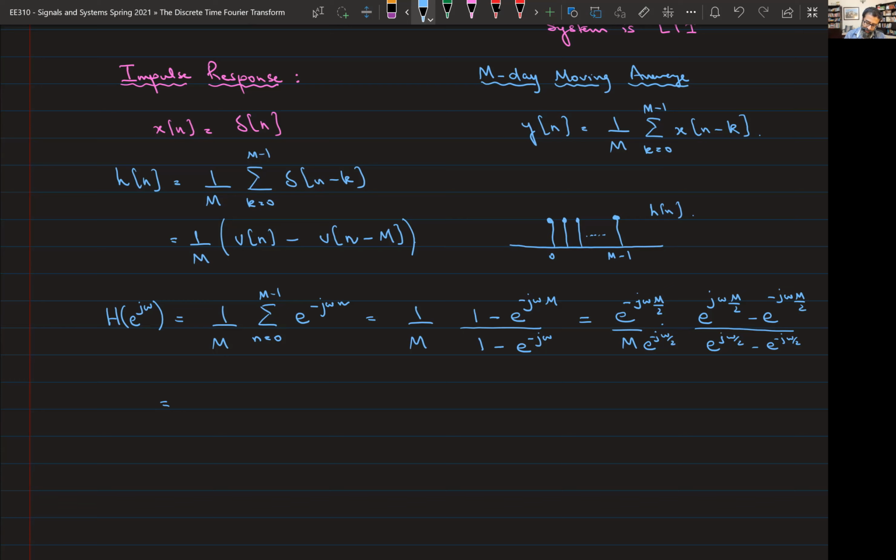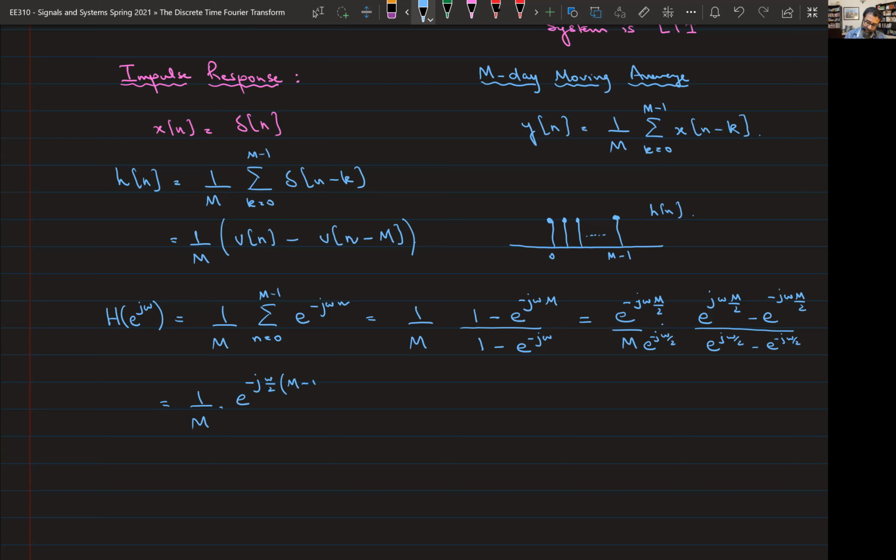This is 1 upon M, and then e raised to power minus j omega by 2 times M plus 1 and minus 1.